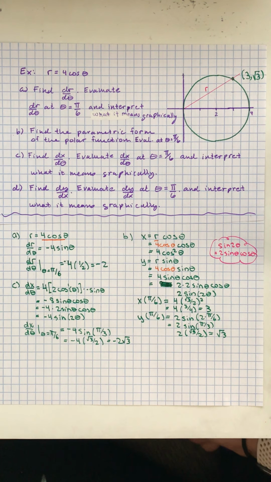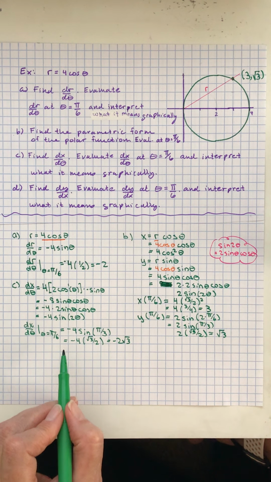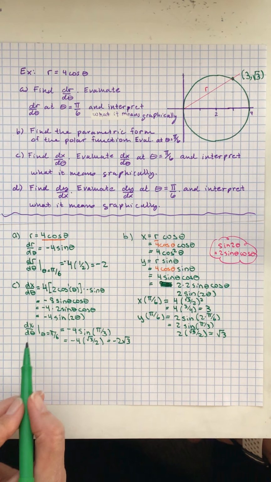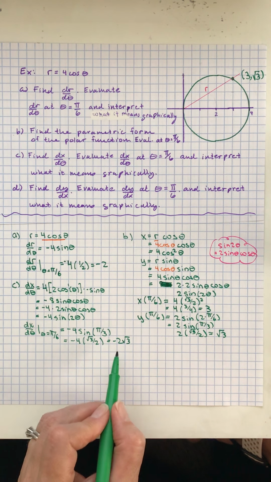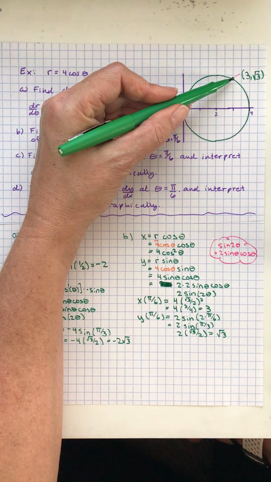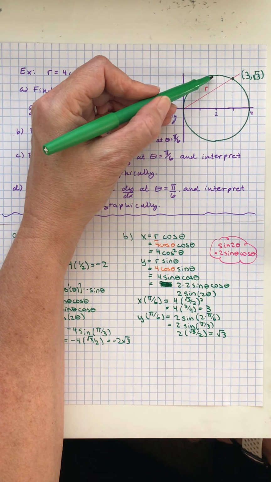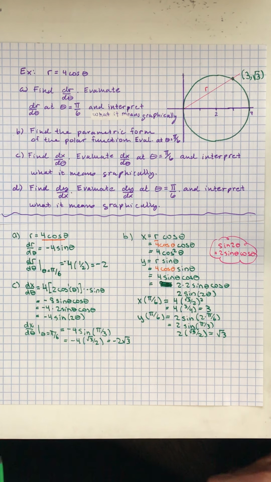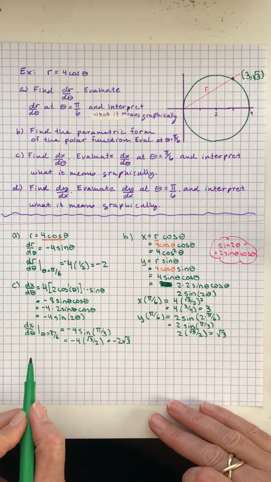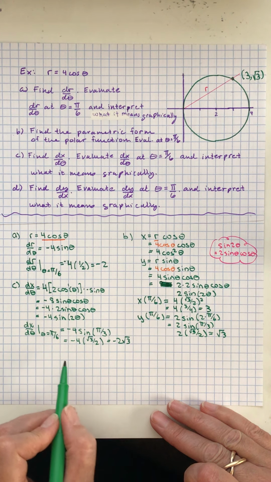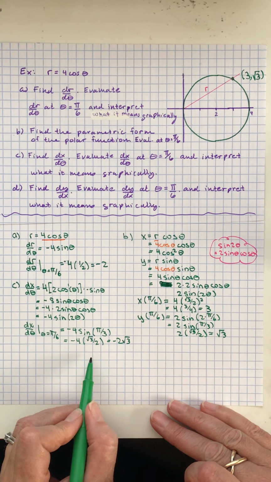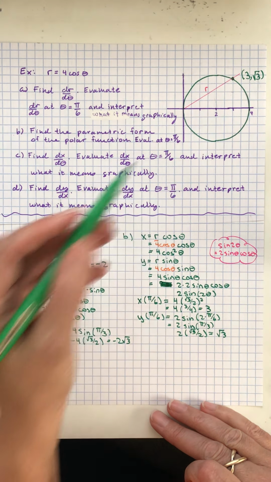And if we were going to interpret what that means graphically, you would just be expected to know that since dx/d theta is negative, the x-coordinate on this graph is getting smaller. So since dx/d theta is less than 0, the x-coordinate is decreasing. The x-coordinate on the function is decreasing.